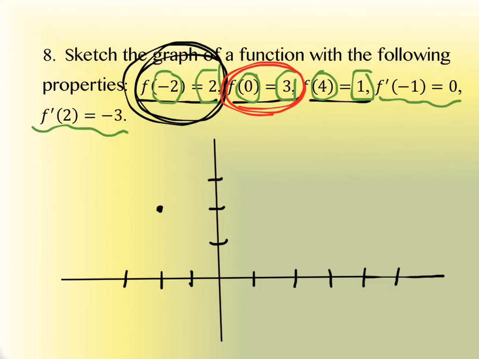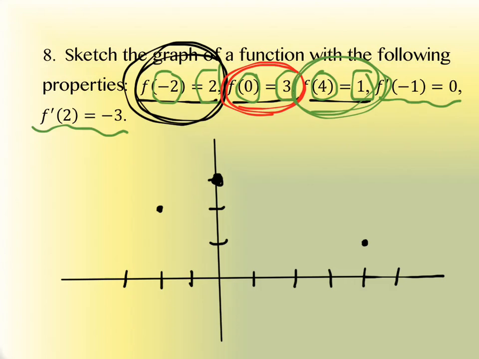Yeah, at the x value of 0, I need to be at a y value of 3. And the last one tells me that f of 4 is 1. So over here at x equal to 4, I'm at 1. These are the unmovable parts of your graph, and everybody's will match.